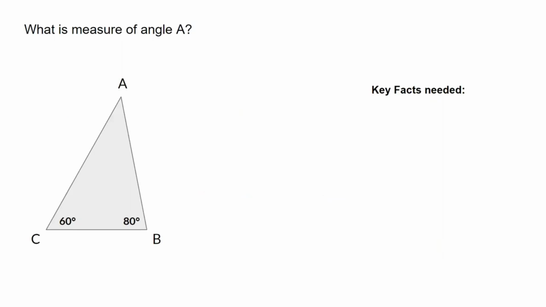In this problem, we're asked, what is the measure of angle A? You can see down below, we have a triangle. It's labeled A, B, C, and we know two of the angles. The key fact that we need to use to solve this problem is that the angles of a triangle total 180 degrees.